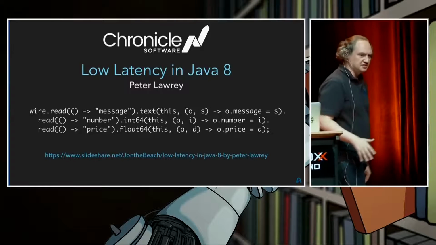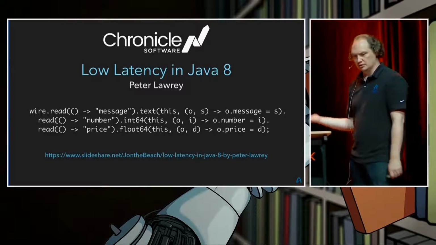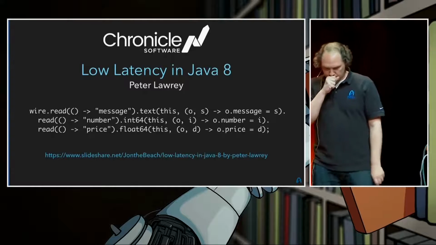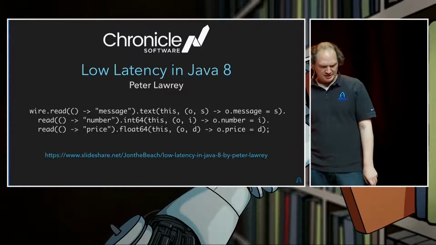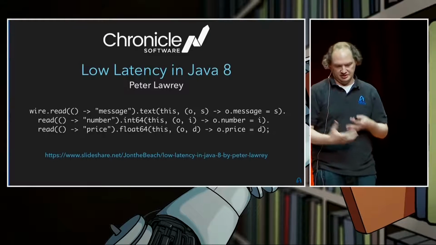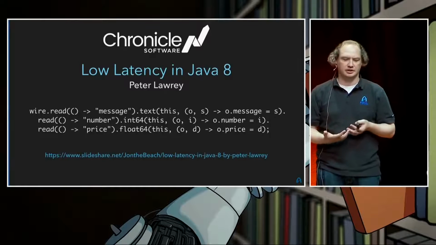But again, this still isn't to say that lambdas are bad. In fact, Peter Lawrey did a talk on low latency in Java 8 where he describes what he's created at Chronicle. He's created this thing called Chronicle Wire, which is for serializing and deserializing data. And he actually uses lambdas heavily.